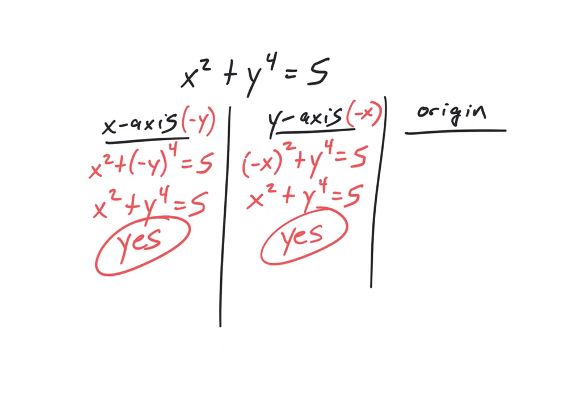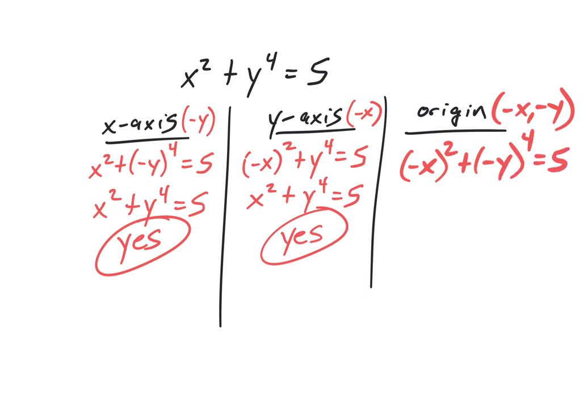And if we do the origin, we're going to do the opposite of both, x and y. So we're going to do negative x squared plus negative y to the fourth equals 5.